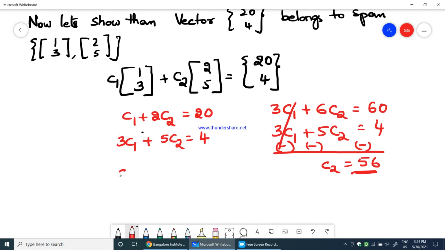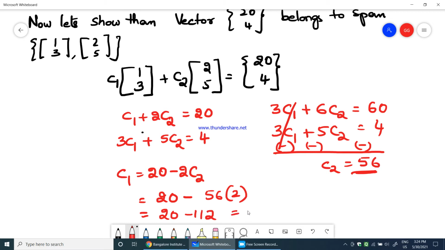Therefore, c1 would be equal to 20 minus 2 times c2, which is 20 minus 112, giving minus 92.